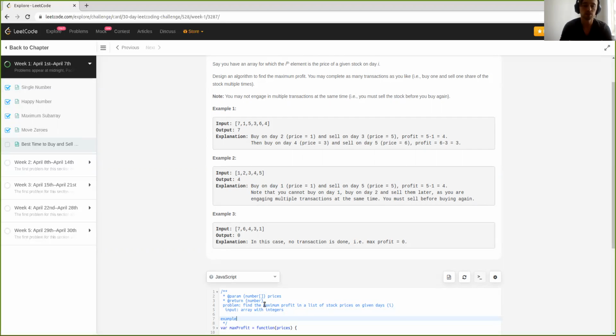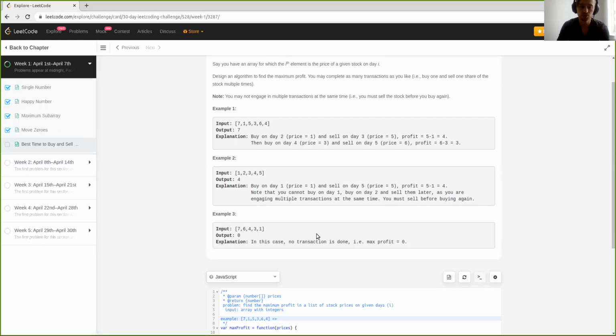Let's look at an example. We have 7, 1, 5, 3, 6, and 4. First impressions, I'm thinking this is a peak and valley problem where you're trying to find the lowest value and then find the highest value after that.